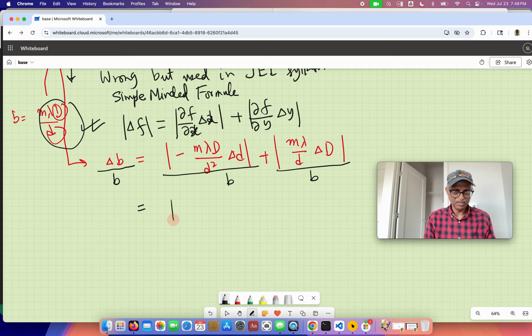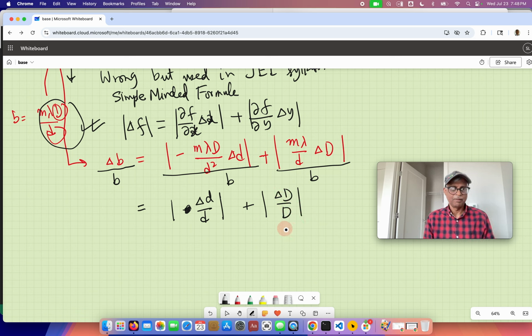So it's going to be minus delta d over d. Let's get rid of this minus because I'm doing absolute value. And this is going to be delta D over big D. And so we calculate this and then multiply by b.